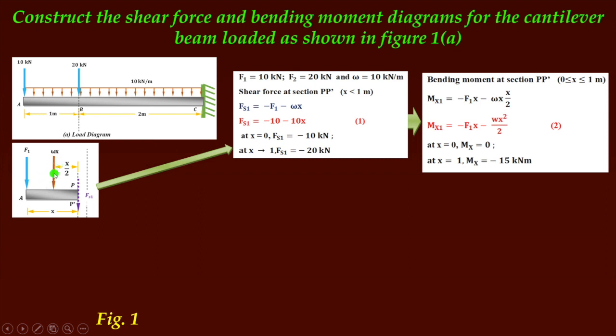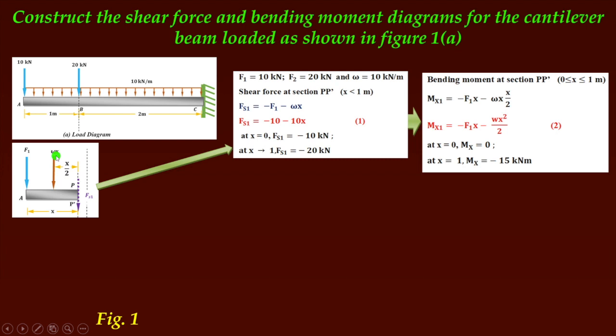Under the action of this force, the beam bends in a convex shape, so the bending moment is negative. Or you can consider anti-clockwise movement of the beam is negative and clockwise is positive. So minus F1x is negative.